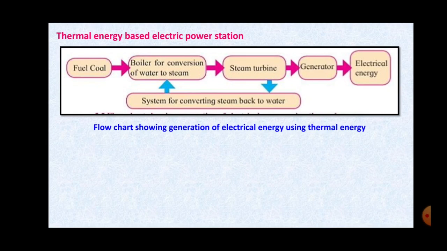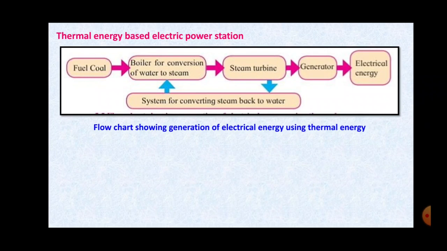Now coal is heated, and then the heat energy is passed on to the water in the big boilers. In these boilers, the water is converted into steam. Now this steam passes on to the turbines.